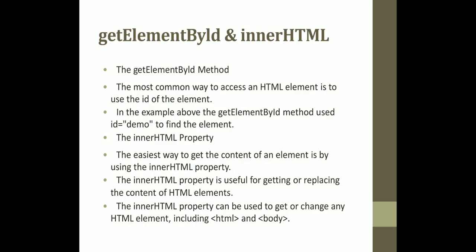Like the getElementById method, the most common way to access an HTML element is to use the id of an element. And in the example we have seen, the getElementById method used the id demo to find the element, and the innerHTML property we have used here.